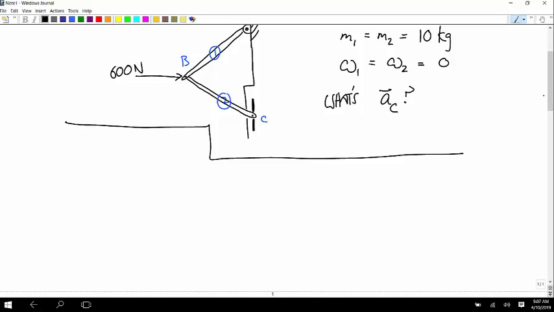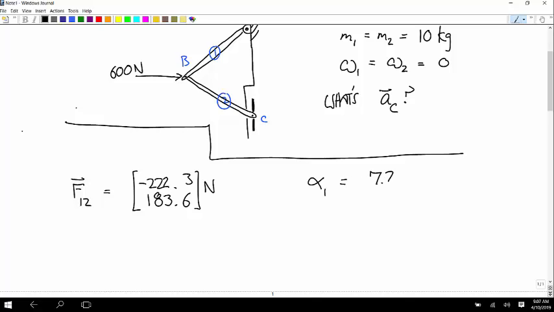So what I got when I went through the matrix calculation is that F12 was negative 183.6 newtons. Alpha 1 was 7.23 radians per second squared.